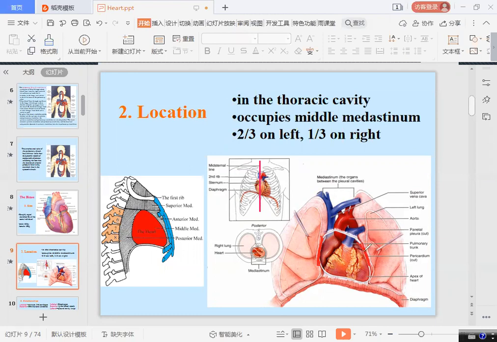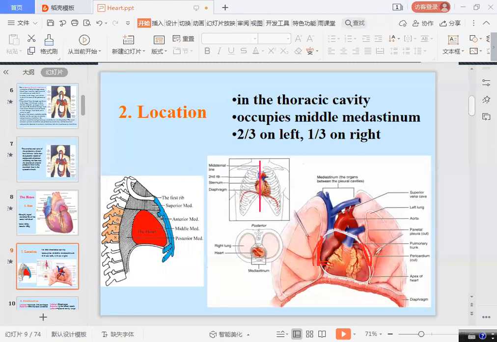While the left pulmonary surface is made up of the left ventricle, the right surface is majorly made up of the right atrium and some part of the right ventricle. So these are the two more surfaces. So there are a total of 4 surfaces: sternocostal surface, diaphragmatic surface, and left and right pulmonary surfaces.